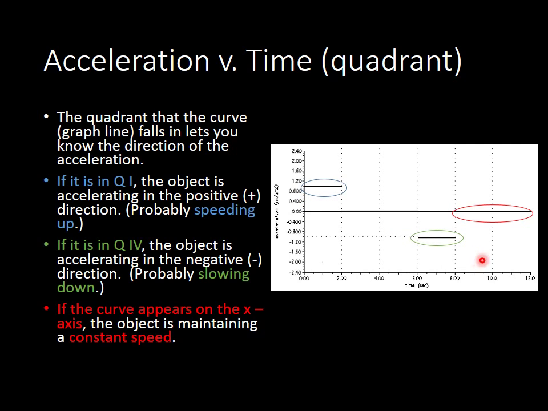If it shows up in quadrant 4, like the one that's in green down here, the object is accelerating in the negative direction. It means it's probably slowing down, or maybe it's making a turn toward whatever direction we've decided is a negative direction. And then if the curve appears on the x-axis, like the one in red, then this object is maintaining constant speed, because at this point the acceleration is 0. And when acceleration is 0, then we know that it's going the same speed all the time.